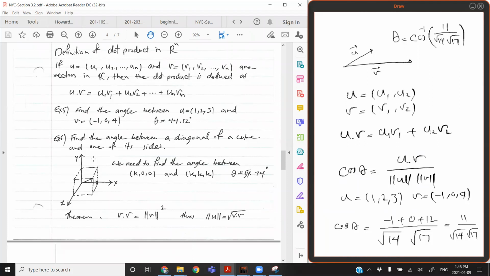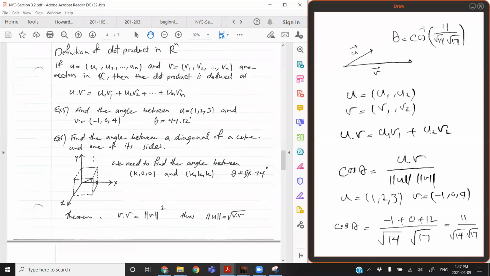So second function cos, and then you open a brace, 11 divided by, then you open another brace, root 14 times root 17. You close the brace, and you close the brace again.